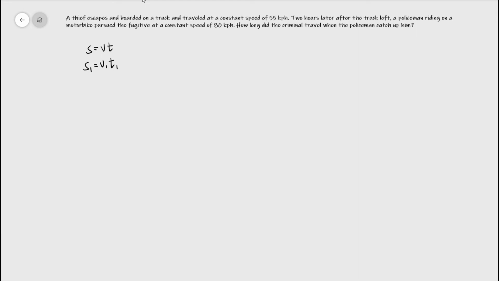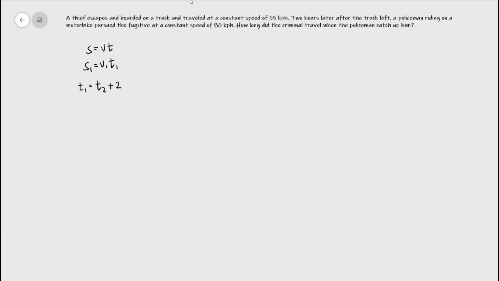Again, we need here another condition so that we can relate the speed or the time of the thief to the policeman. Here we know that the time of the thief is equal to the time of the policeman, and since the thief is ahead of the policeman by 2 hours, this one is plus 2.